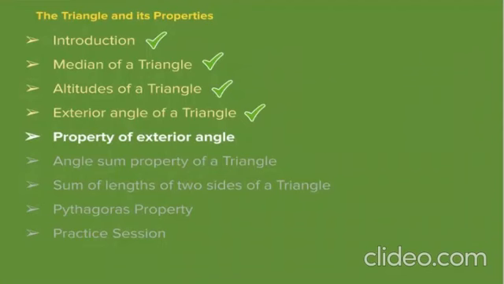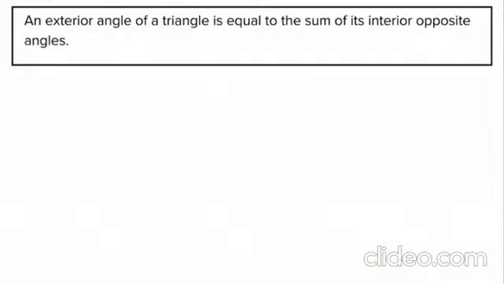Now students, let us move towards the property of exterior angle. Now here you have some proofs. Okay, you have to prove that how it is correct. So yes, that's what we are also going to do together. So do not worry. Now look over here. The property is: an exterior angle of a triangle is equal to the sum of its interior opposite angles.